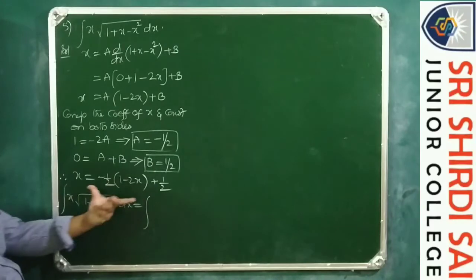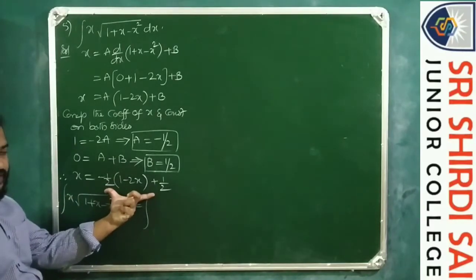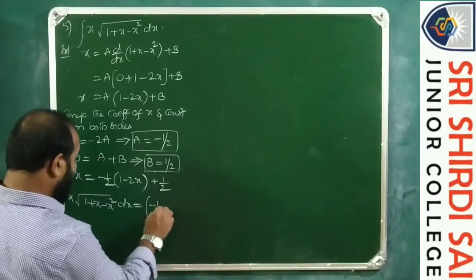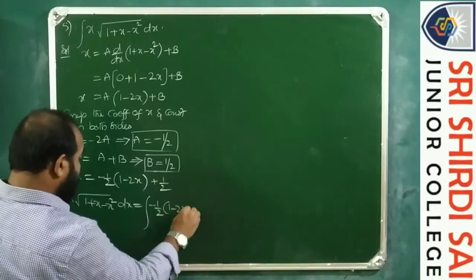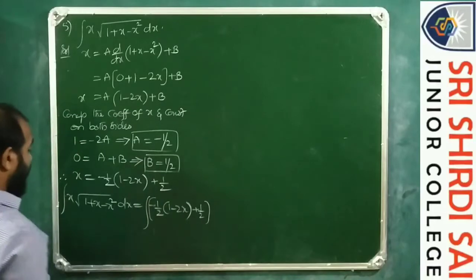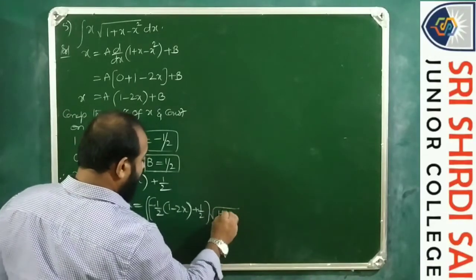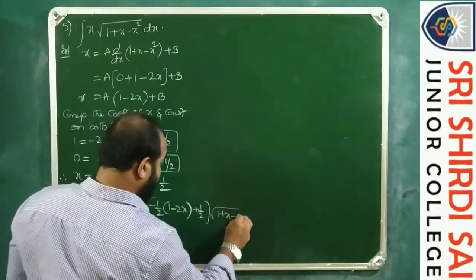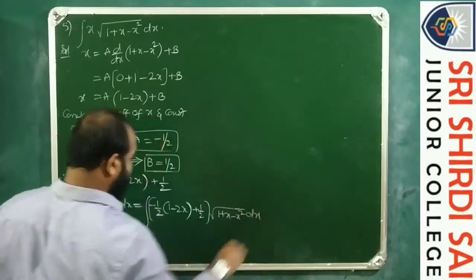In the place of x, we can replace it with this: minus 1 by 2 into 1 minus 2x plus half, into square root of 1 plus x minus x square dx.